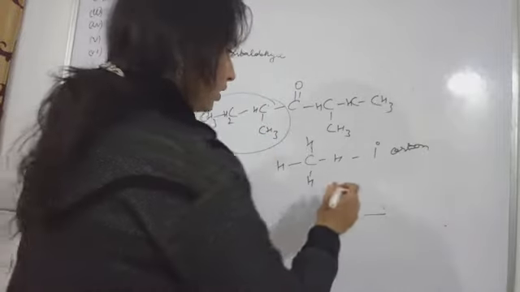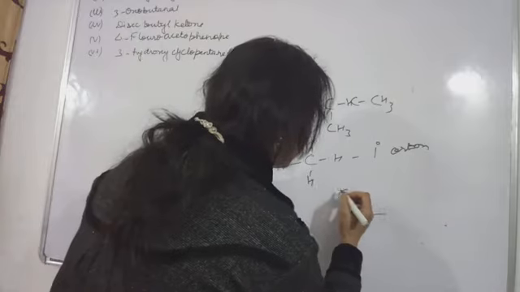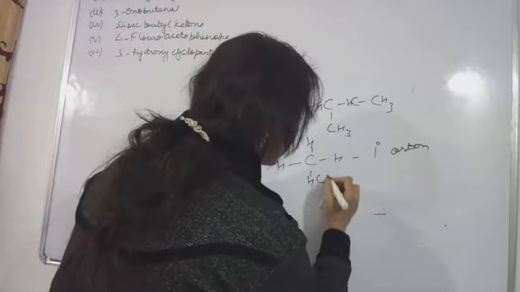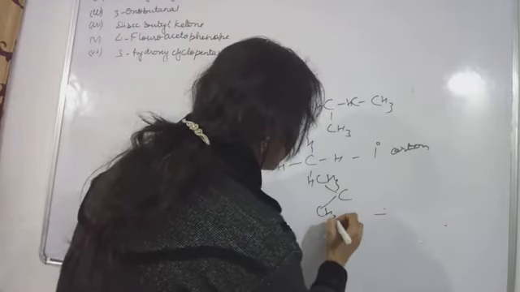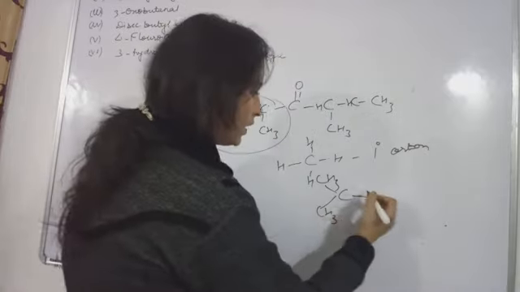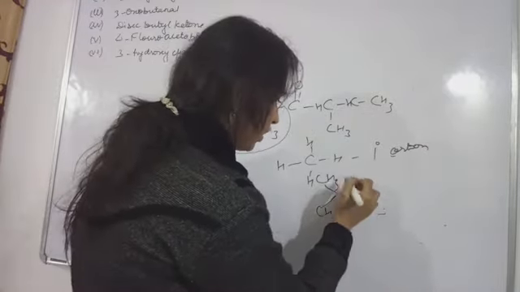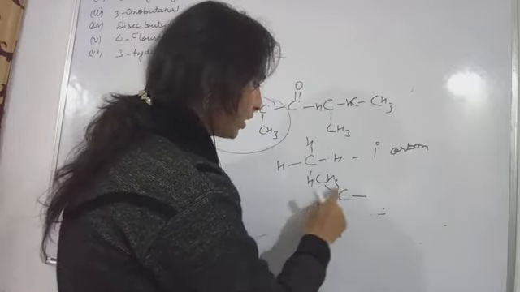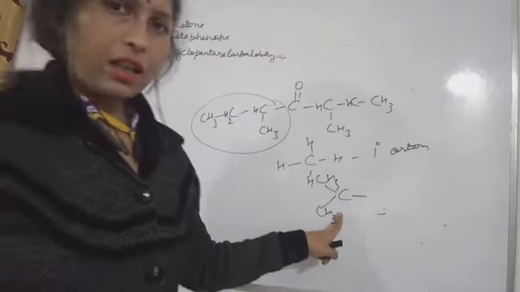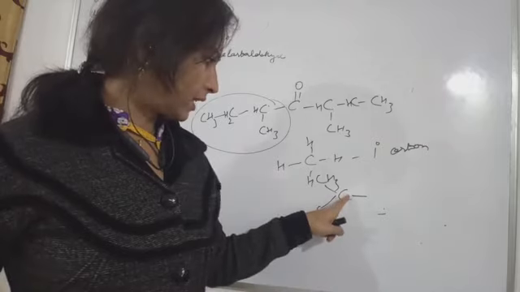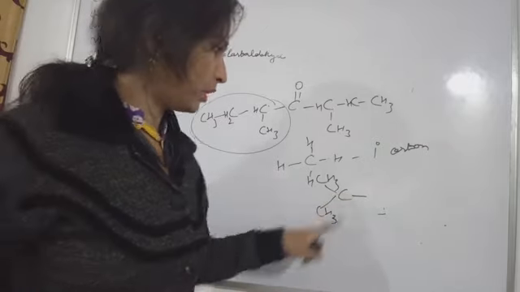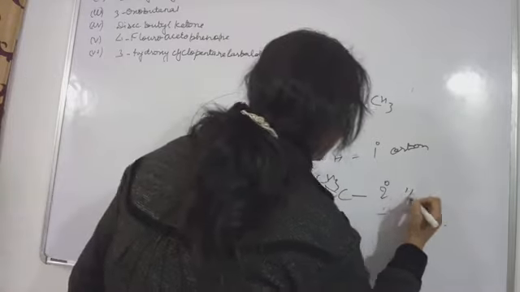Okay, so 1 degree carbon, 2 degree carbon means, suppose this carbon is associated with this carbon, this will be called 1, 2, 3. So 3 carbons are present, and this carbon will be called secondary carbon, 2 degree carbon. Why 2 degree carbon?